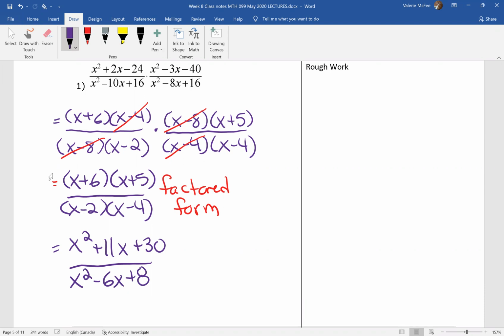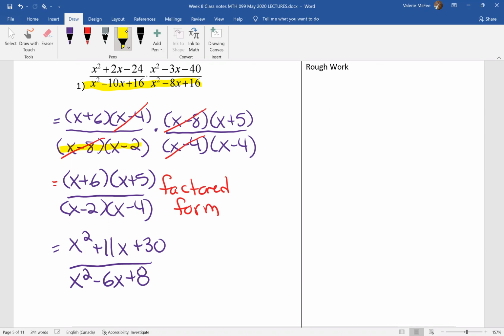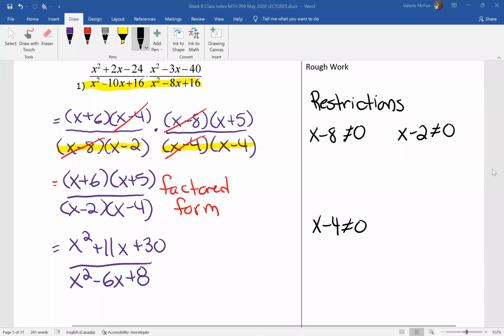Now, one more time, when we're looking at restrictions, the denominators cannot equal 0 from the original question. We've already factored those denominators here, so let's figure out what our restrictions are. So we use this x minus 8, it cannot equal 0, so x cannot equal 8.